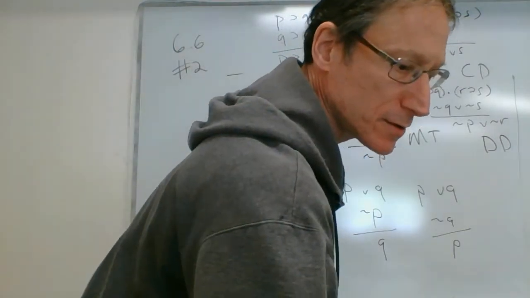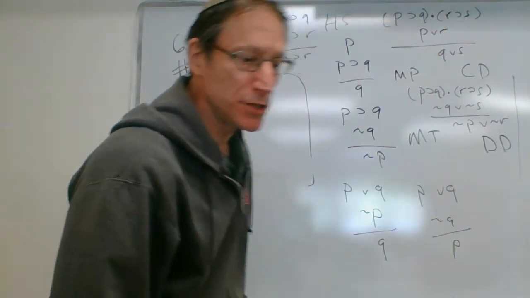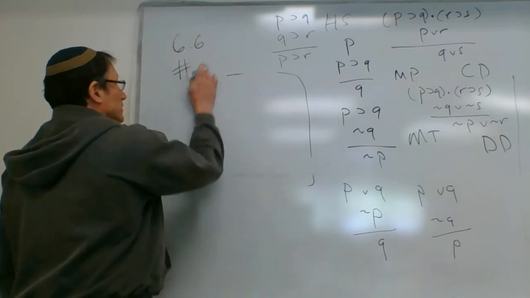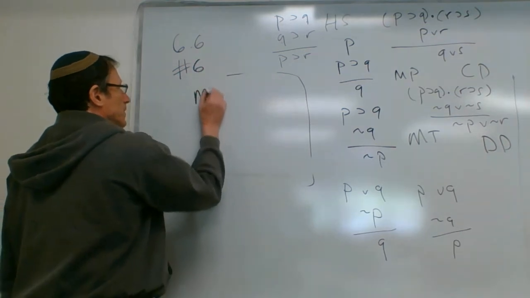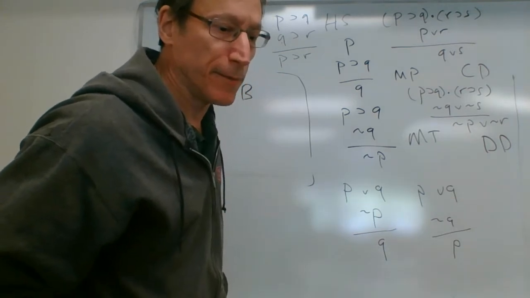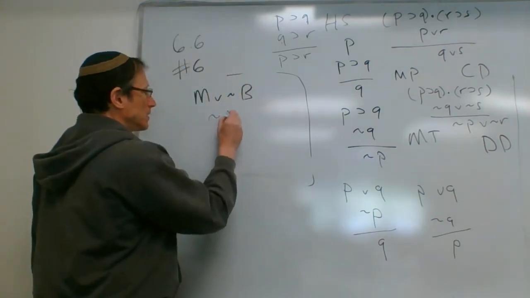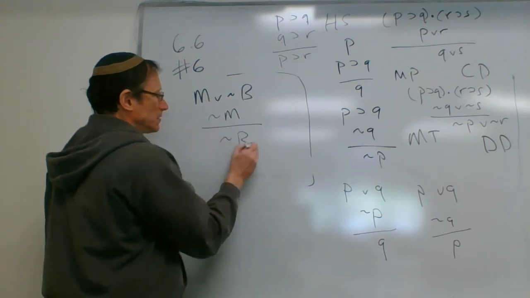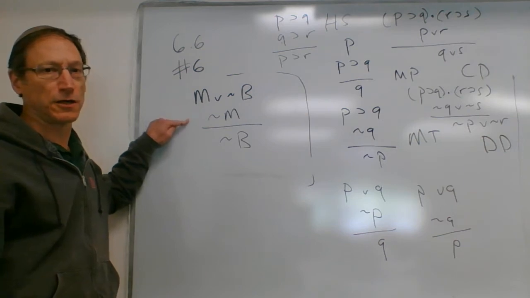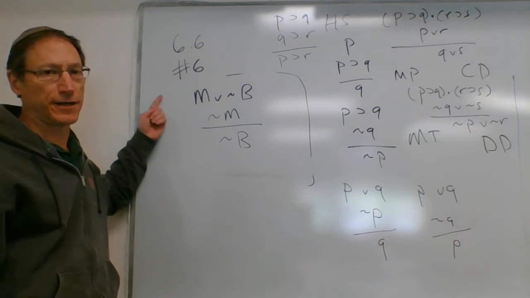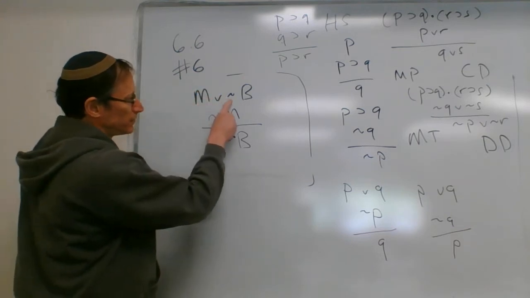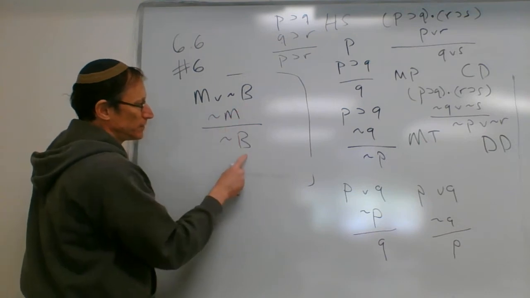Number 6 is, let's see, M wedge not B, not M, therefore not B. We have M wedge not B. Looking at my book, not M, therefore not B. So we have a disjunction, and we have the negation of the left-hand side, and then as our inference, we're inferring the right-hand side, right? The tilde here is part of the original formula, tilde B.